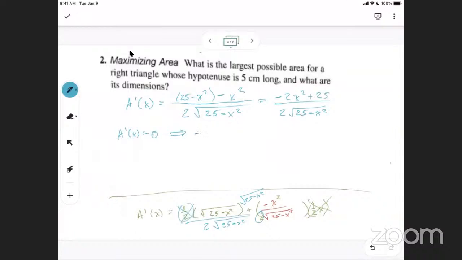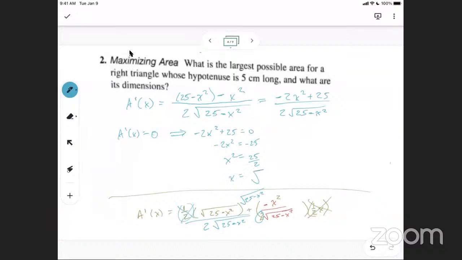All I have to do is take the numerator and set it equal to 0 and solve. So solving would be subtracting 25 from both sides, dividing both sides by 2, and then taking the square root of both sides.